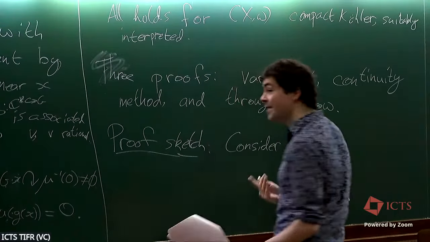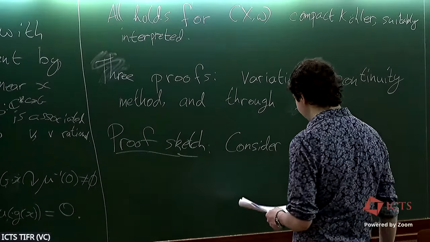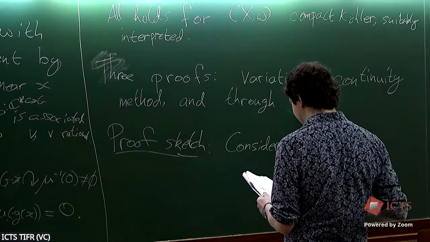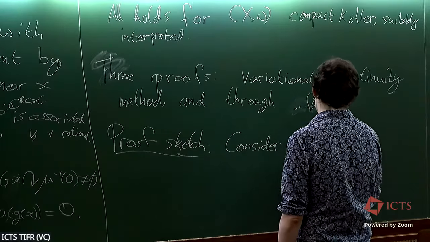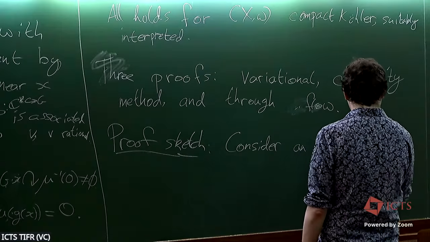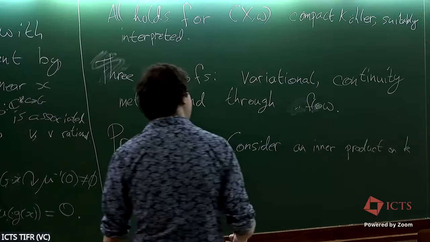Okay, so we consider the flow. This is a principled flow. There's a way of deriving it just from the general setup. It's the gradient flow of the norm squared of the moment map after you choose an inner product. So you consider an inner product on K, the Lie algebra, that's equivariant, or invariant, sorry.